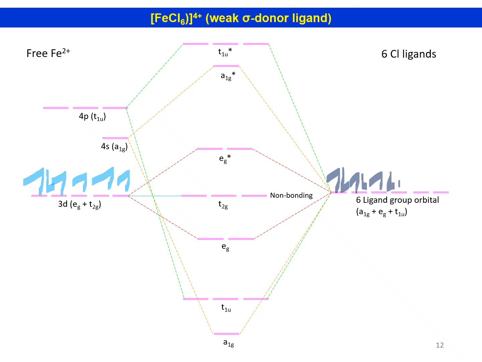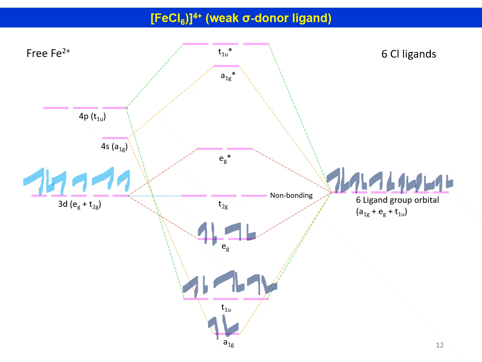So because there are 6 chloride ligands, there will be 6 times 2 electron contribution. So again, ligands will fill in the bonding level. So there are 6 of them. All 6 will occupy all bonding level, A1G, T1U, and EG.